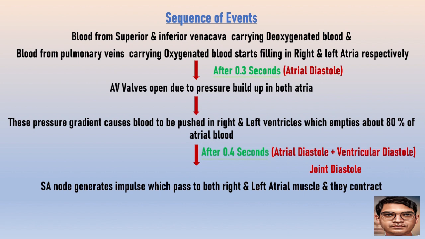After 0.4 seconds of opening of atrioventricular valves, SA node, which is a pacemaker, starts generating impulse, which then passes to the right and left atrial muscle and they start contracting.